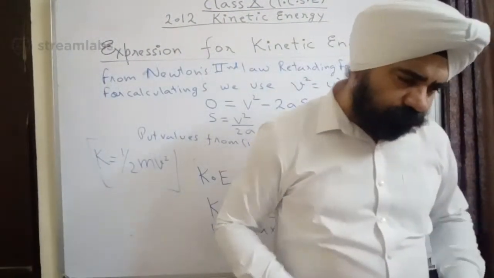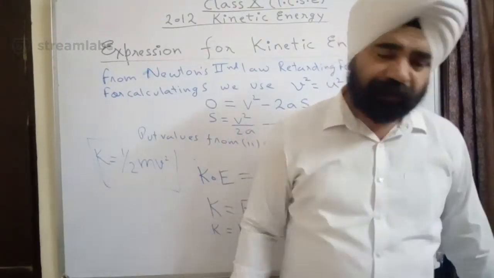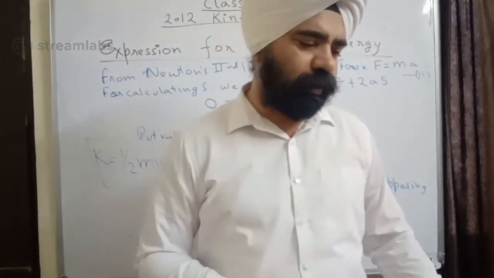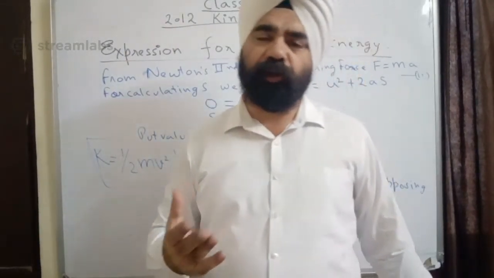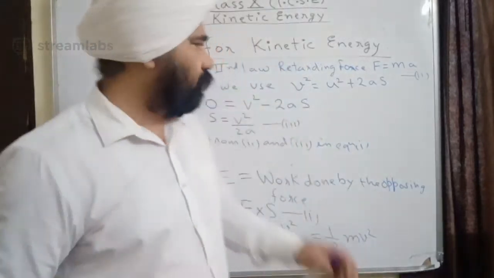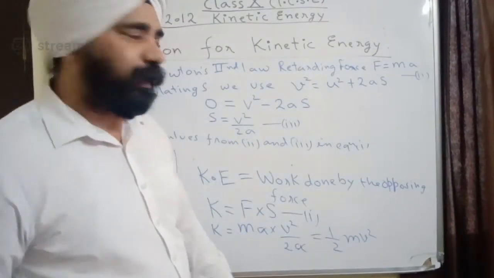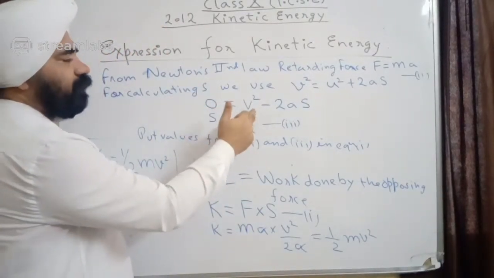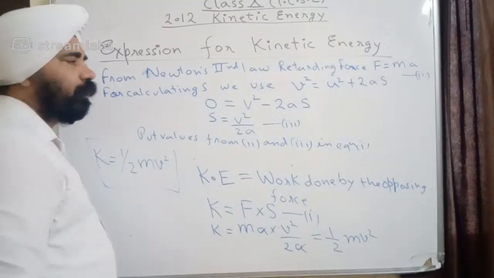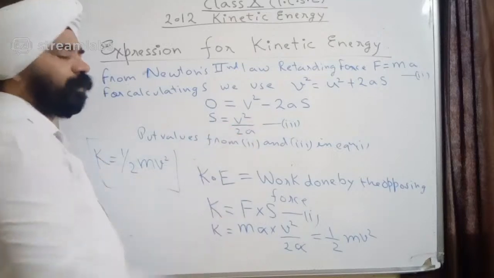Everybody understood, Anushka? I had asked which equation we are going to use, and Anushka Sahai replied the third equation: v square is equal to u square plus 2as. So we use the third equation, and we find S in terms of the final velocity 0, the initial velocity v, and the retardation minus a, which comes out to be v square by 2a.